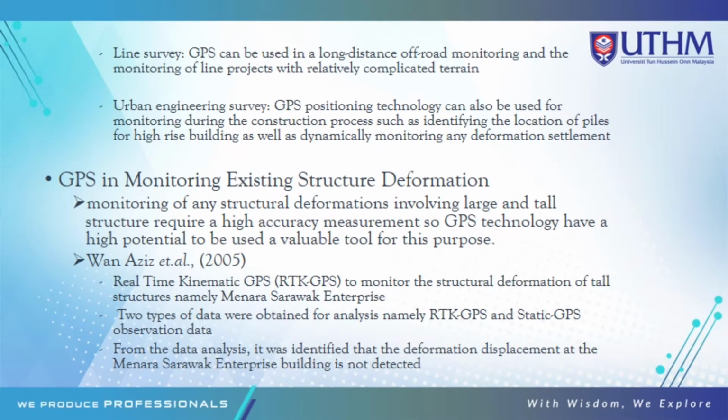Then, for line survey, GPS can be used in long-distance off-road monitoring and the monitoring of line projects with relatively complicated terrain. Then, for urban engineering survey, GPS positioning technology can also be used for monitoring during the construction process, such as identifying the location of piles for high-rise buildings, as well as dynamically monitoring any deformation settlement.